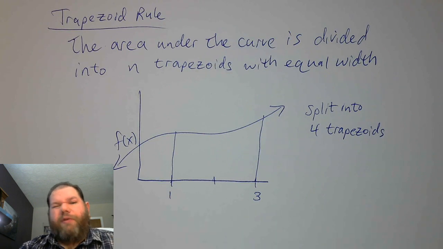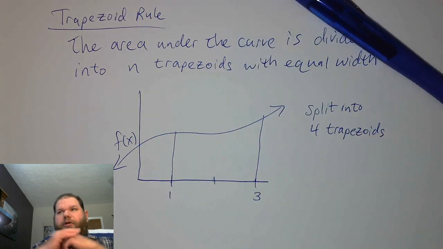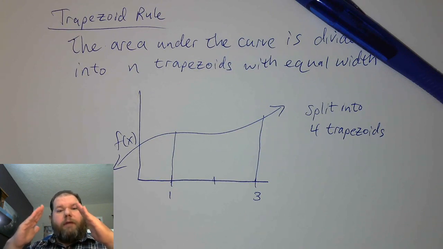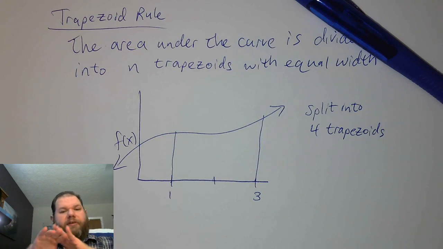Now, when we think of a trapezoid as a shape, we think of what we call a regular trapezoid, where the top and the bottom are parallel, and we have identical opposite sides that are slanted at different angles. But basically, it does have some symmetry there.